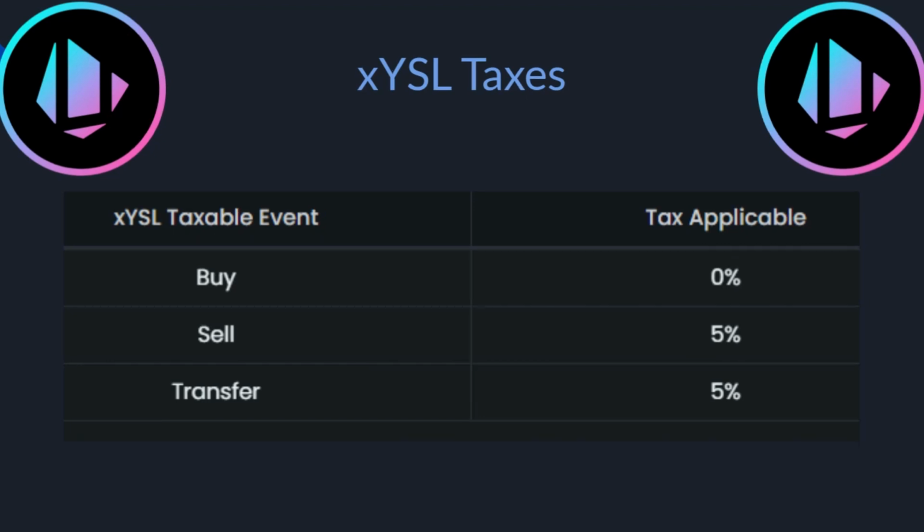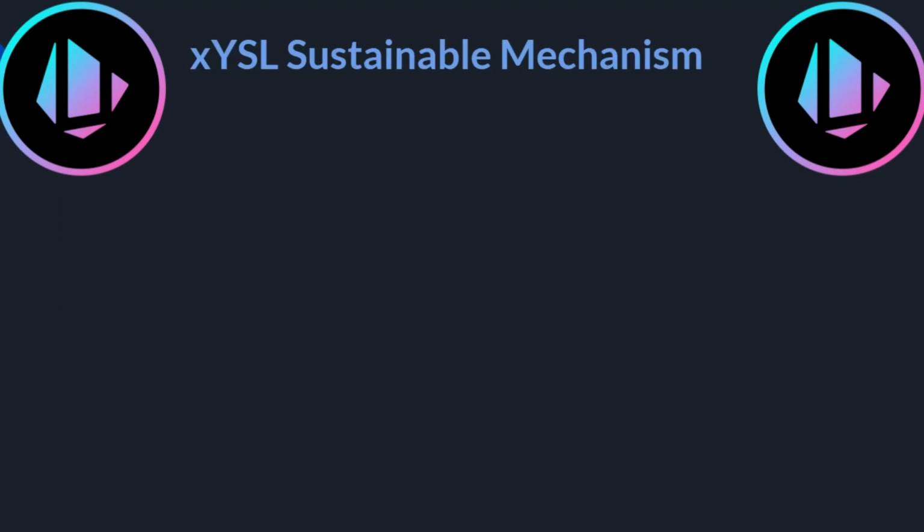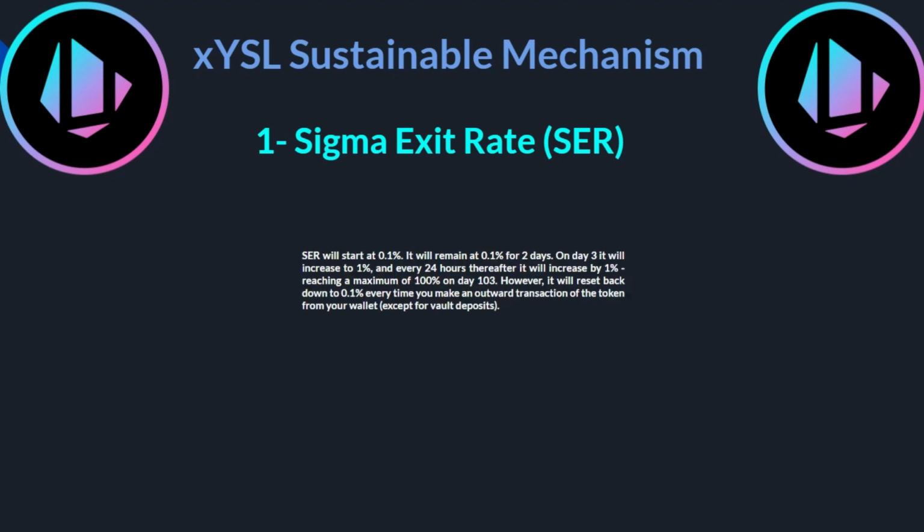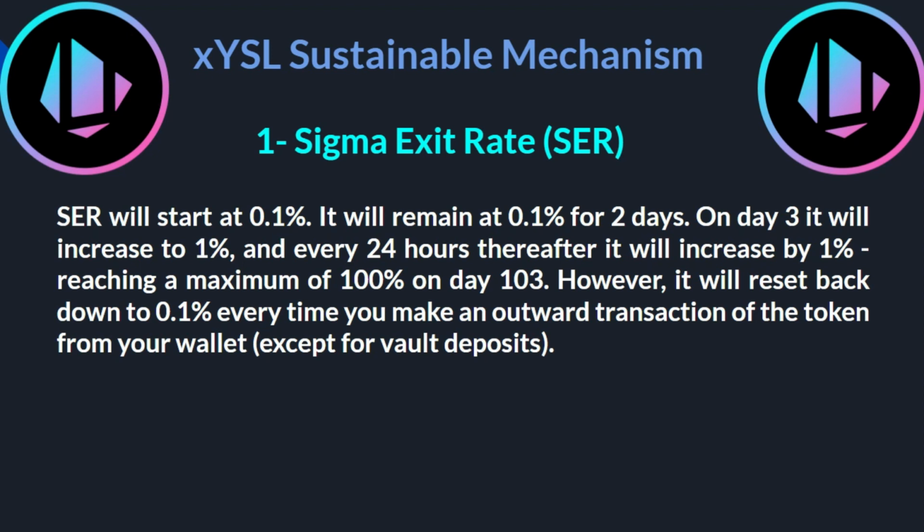Okay, before you sell your xYSL, or even before you buy or interact with xYSL, you need to understand this. There is a measure that they put in place to make xYSL sustainable for the investors. The first one is the sigma exit rate, or SER. What does that mean? SER will start at 0.1%. It will remain at 0.1% for 2 days.